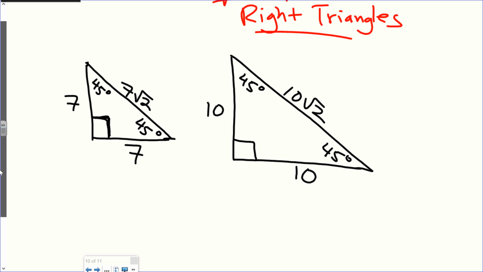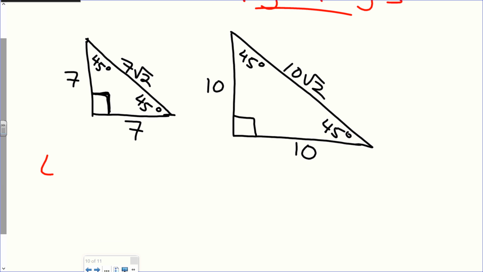Watch this. What would be the tangent of 45 here? So write this underneath the first triangle. What would be the tangent of 45? Let's see. SOH CAH TOA. Tangent is opposite over adjacent. Here's 45. It doesn't matter what 45 you use. You want to use that one or that one? Take your pick. Doesn't matter. You're going to get the same answer. What's opposite of 45? 7.